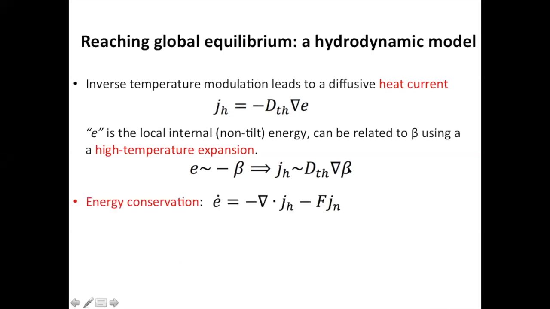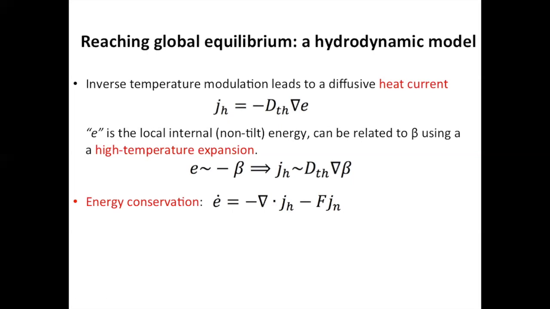And then you just write down the energy conservation and number conservation. So the energy conservation tells you that at every point, the local energy density is related to 2 things. You can have flow of heat currents, that's this first term here. And you can actually have particle currents. When you move particles down the gradient, you exchange tilt energy with internal energy, so you heat up the system.